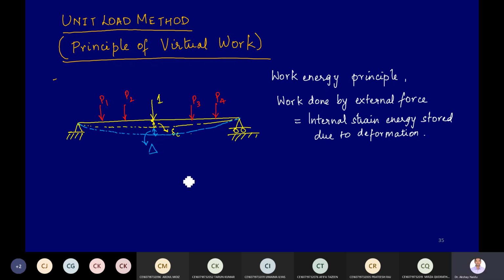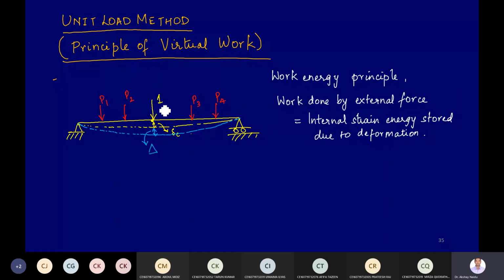Now, you will get this work done, a lot of calculations you will get. I'm skipping those calculations. First we apply the unit load gradually and it produces this deflection. After this stage, when loads P1, P2, P3, P4 are added, you get this new deflection delta.